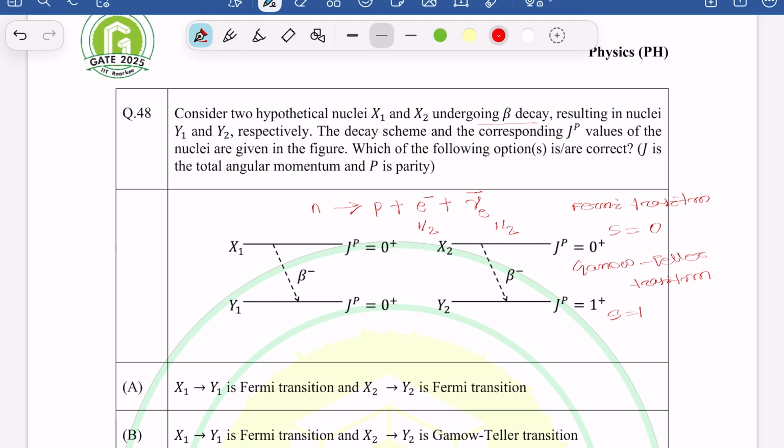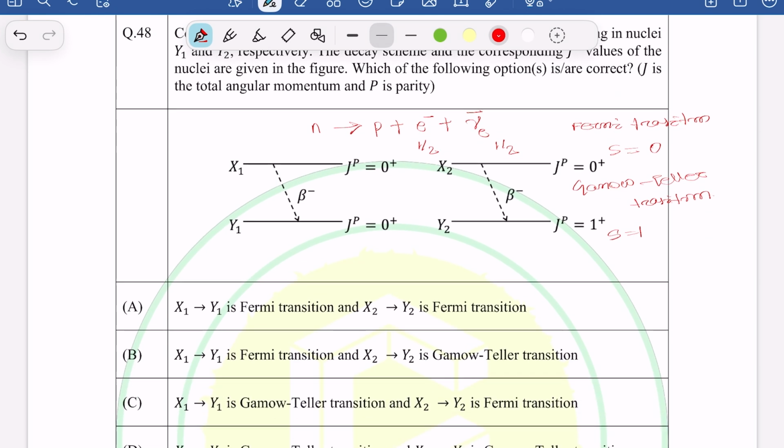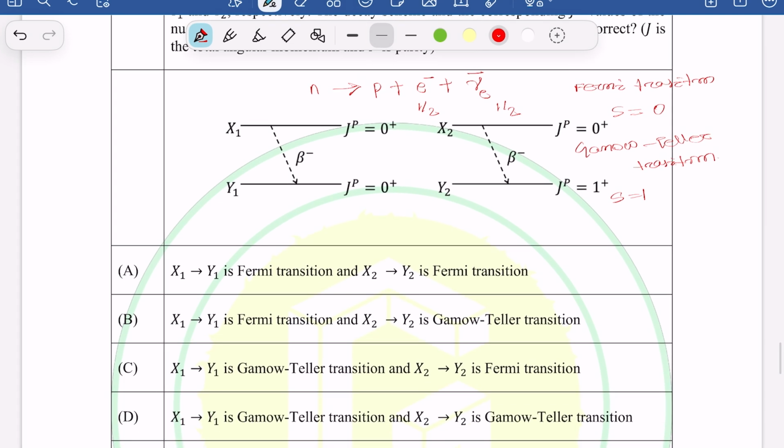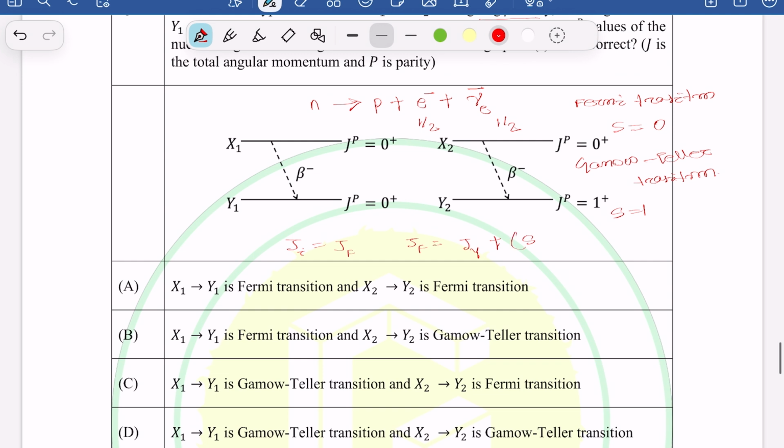So we will find the spin. The allowed transition should satisfy the conservation of total angular momentum. That means J initial should be equal to J final. J final can be J of y, the final total angular momentum of the final nucleus, plus the total spin of the electron and antineutrino, plus the total orbital angular momentum of this electron and antineutrino.